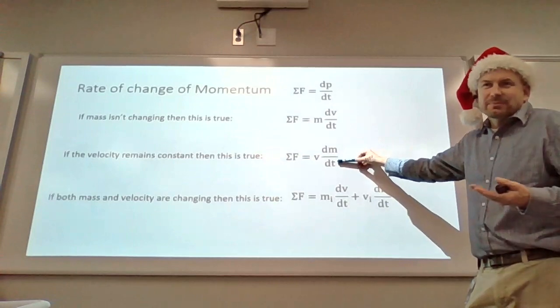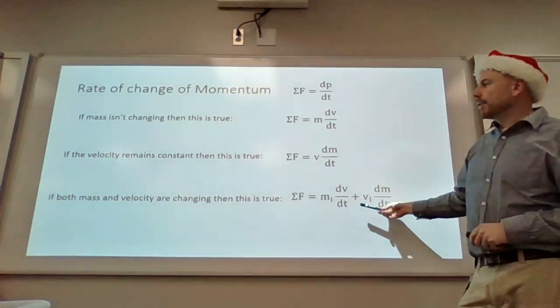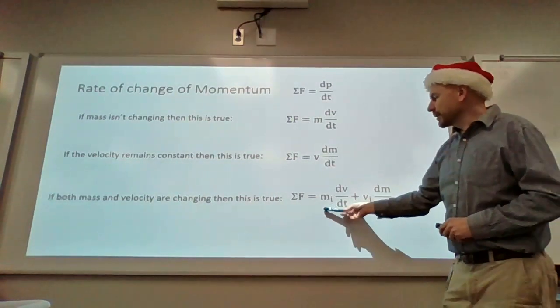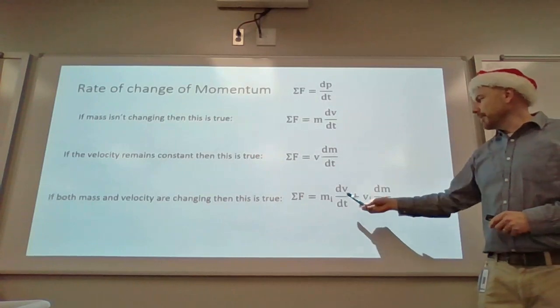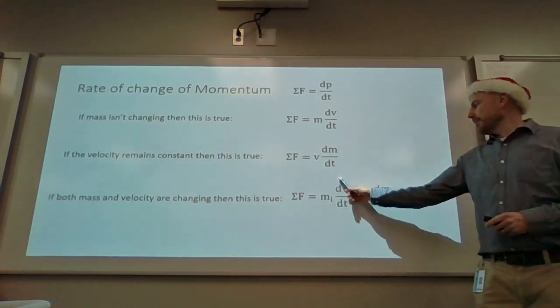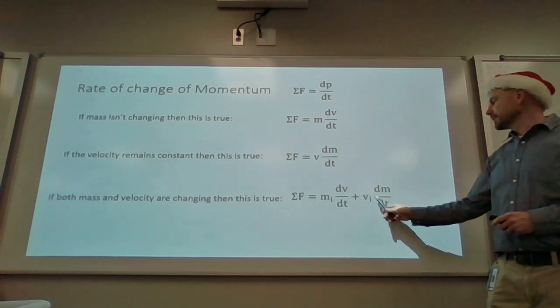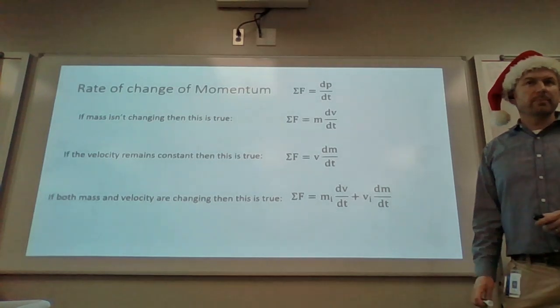If both the mass and the velocity are changing, then you have mass times acceleration plus your velocity times the rate at which mass is changing.